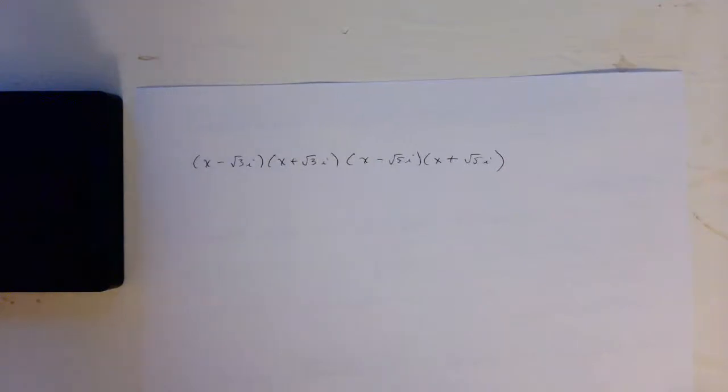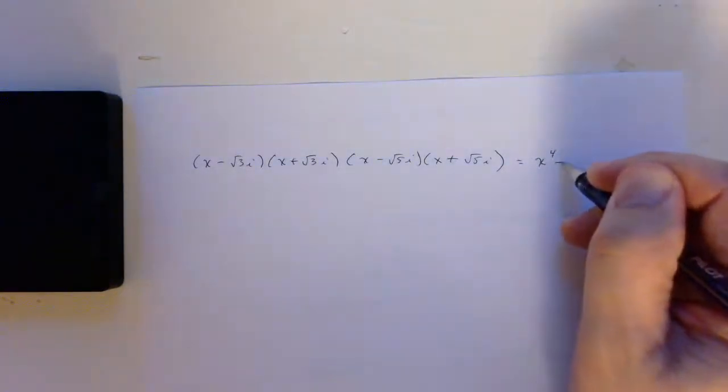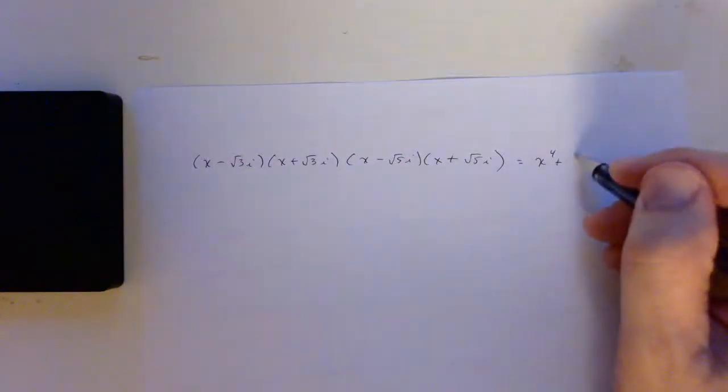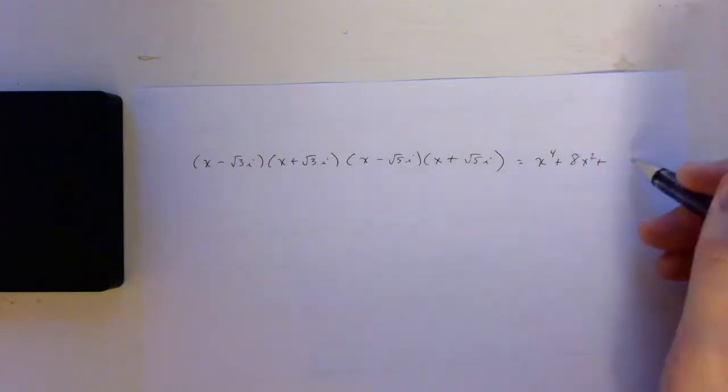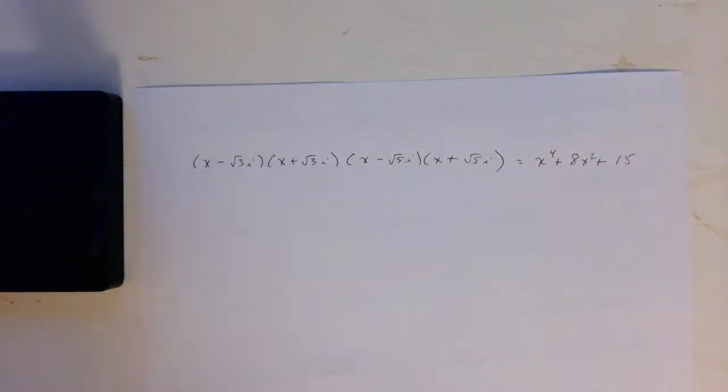And that's what this polynomial, x to the 4th plus 8x squared plus 15, will become.